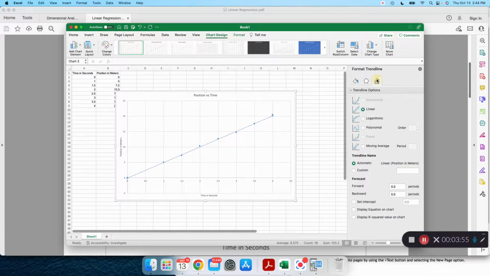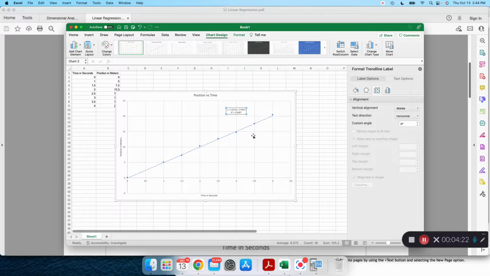And here on this menu, I can click this button, display the equation, and this button, display R squared. I want you to notice we also have this button to set the intercept. If for some reason we want to force the Y-intercept to be some particular number or some point, we have that option right there.